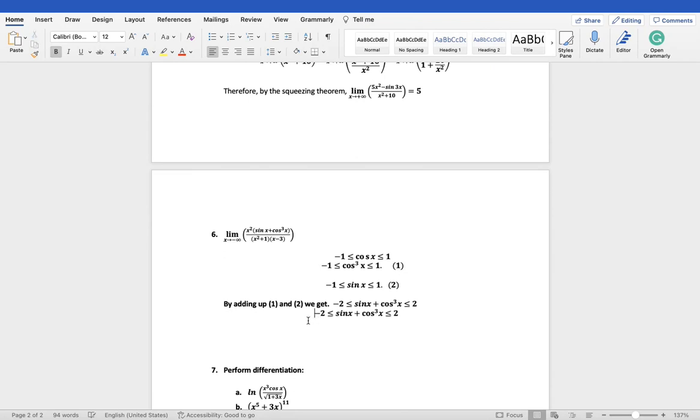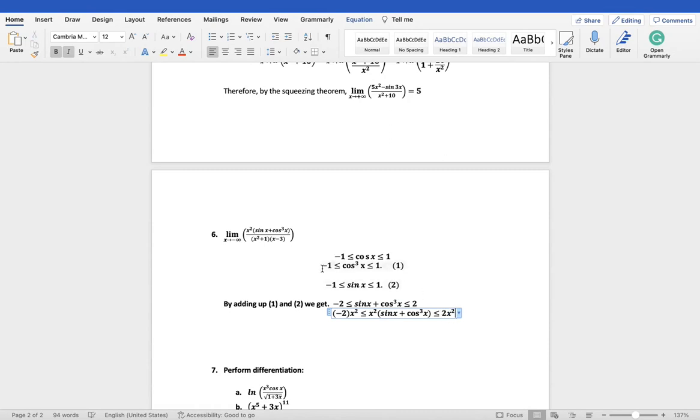It has to remain the same since the sign is positive. Since it's x squared, it's minus infinity squared, which becomes positive infinity. So it has to stay the same. So let's multiply by x squared on all sides.